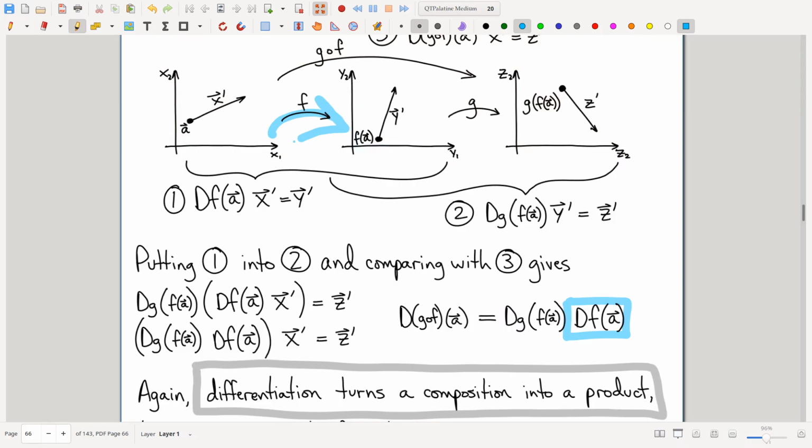And here's why this is easy to mess up. Notice that as far as the diagram is concerned, the one that acts first is on the left. But as the algebra is written down, and as it must be, the one that acts first is on the right. Because when you multiply a matrix times a vector, you start on the right.